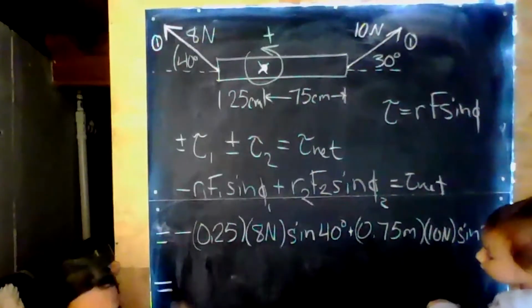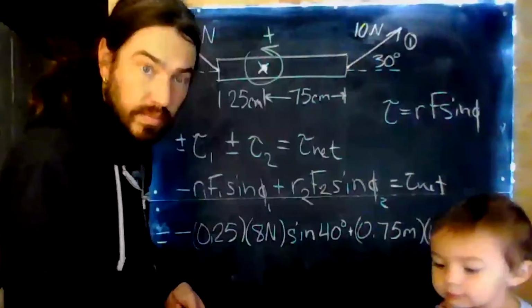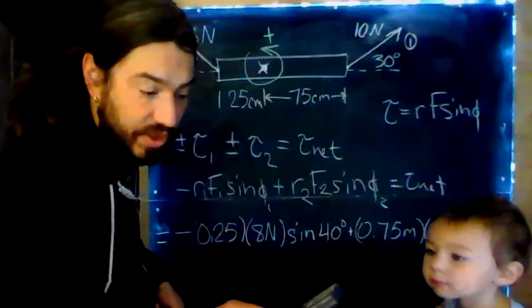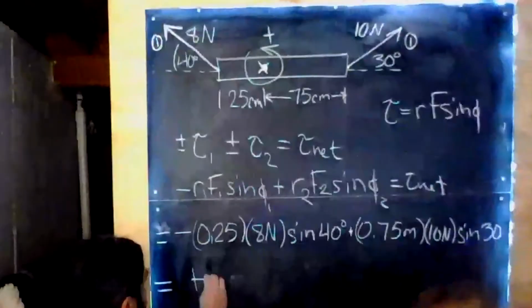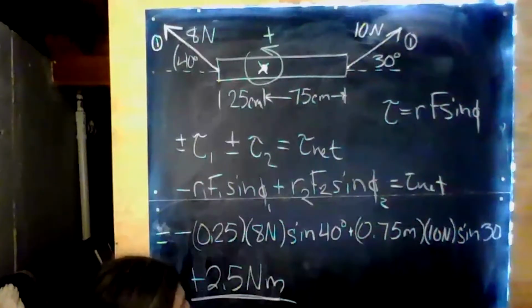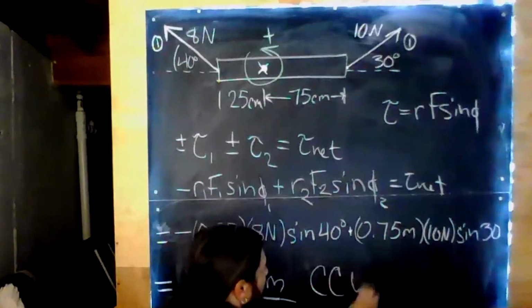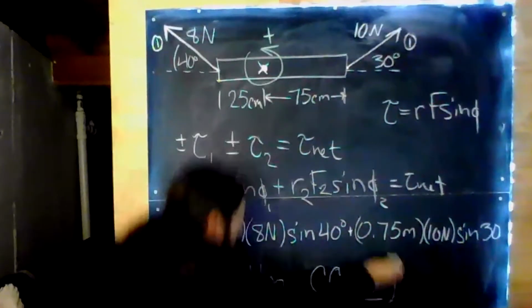And so this, then, when we run our calculator, we get positive 2.5 Newton meters. Okay, so that positive value tells us it is counterclockwise, right? Okay, so there's our answer.